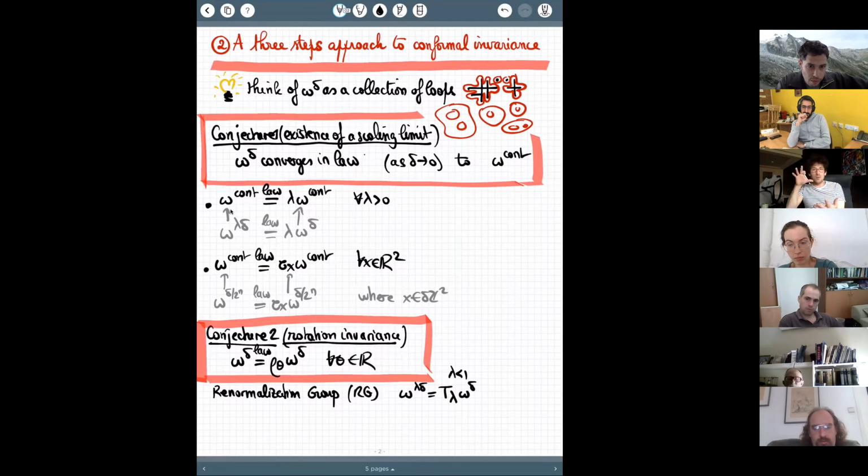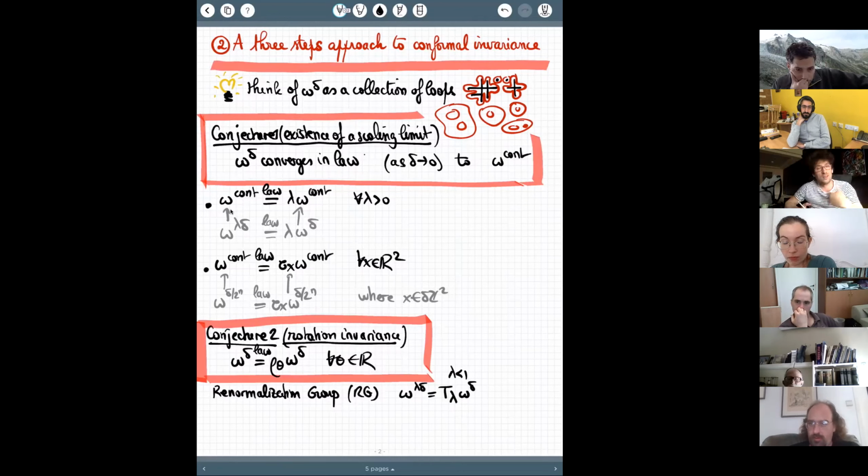So rescaling a model is like applying a map on the space of models. It gives you a new model, the rescaled model, and this is the image by this map of the original model. Okay?